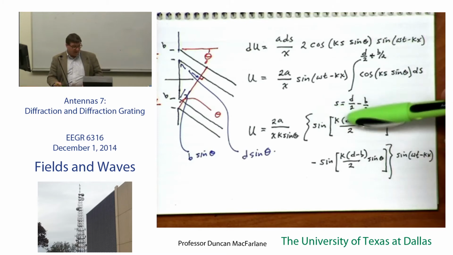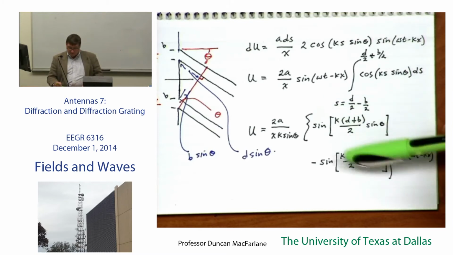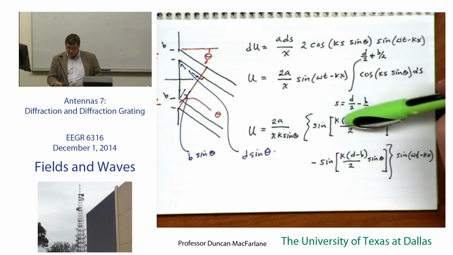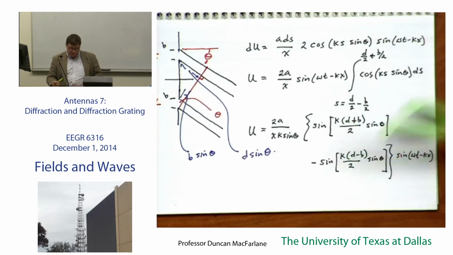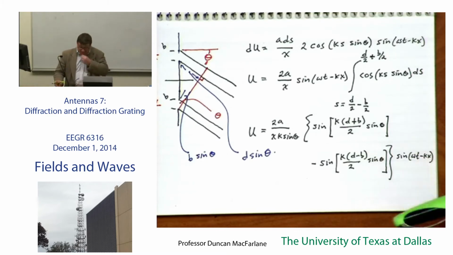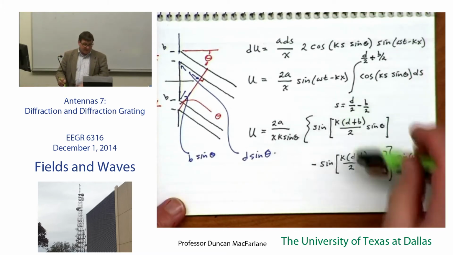And again, I have a sine of a minus b minus a sine of a plus b. I have a sine of a plus b minus a sine of a minus b. And so again, this is sine of b cosine of a.